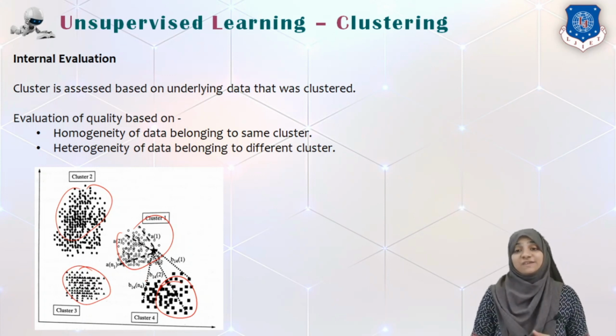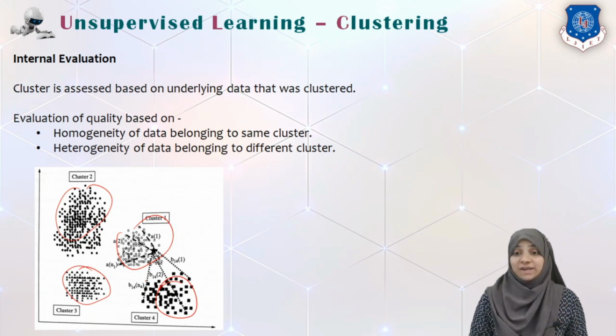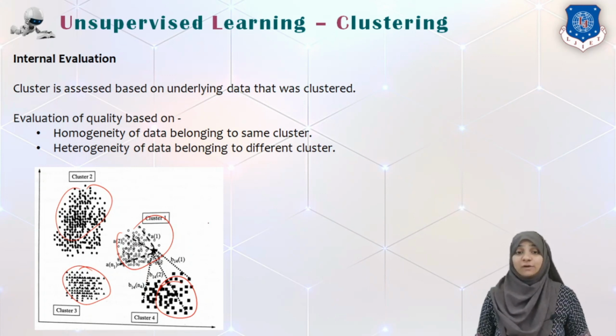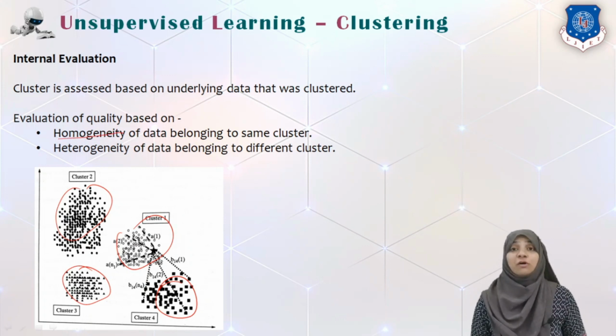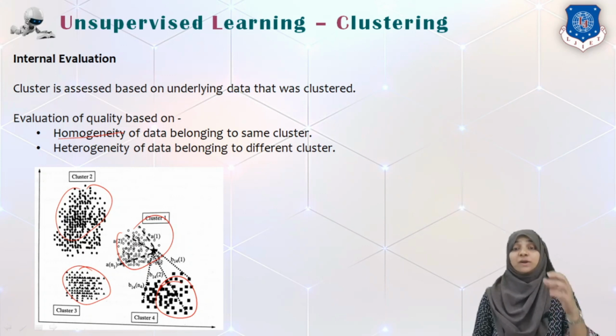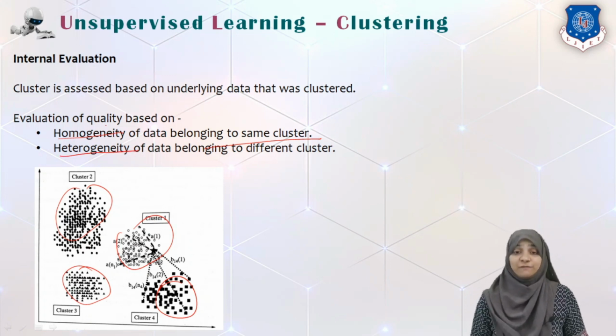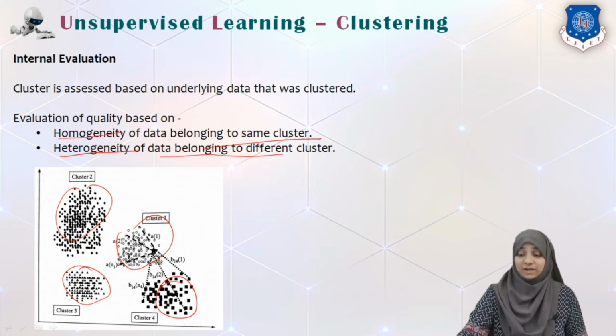Clustering assessed by its underlying data is called internal evaluation of a cluster. We evaluate two things in internal evaluation: homogeneity of a cluster, that is the measure over the data samples which belong to the same cluster, and heterogeneity of a cluster, which is measured using data points which belong to two different clusters.